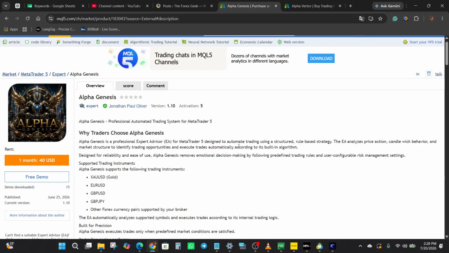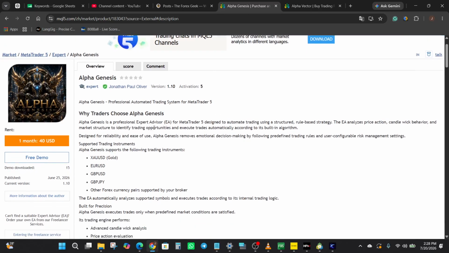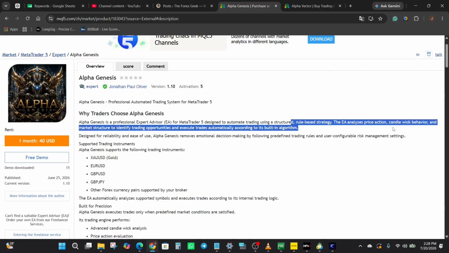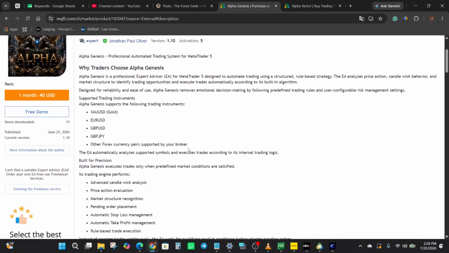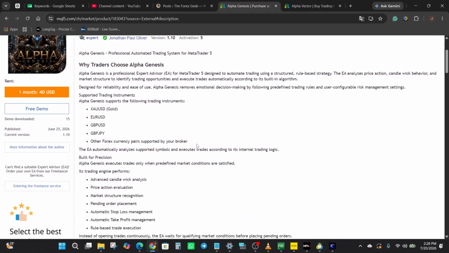And according to the developer, Alpha Genesis is built around a structured, rule-based strategy that combines price action analysis, candle wick behavior, and market structure to identify trading opportunities. Rather than opening trades continuously, the EA waits until all of its predefined conditions are satisfied before placing pending orders.